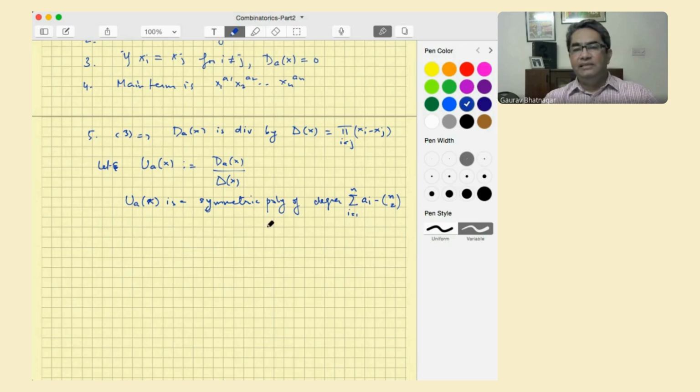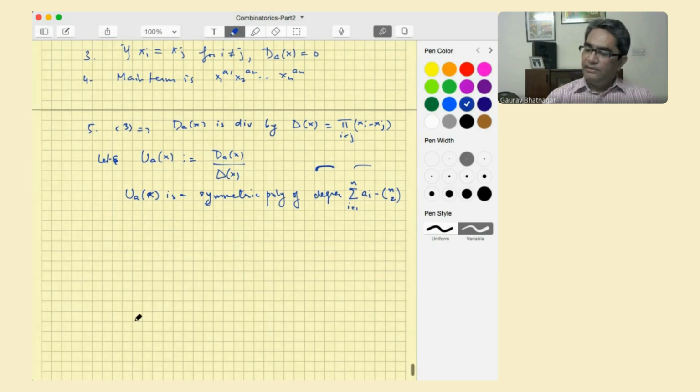So why is it symmetric? Because both these chaps are antisymmetric, right? So if I replace xi by xj, both will give me a minus sign, and so it's symmetric. This is wonderful.